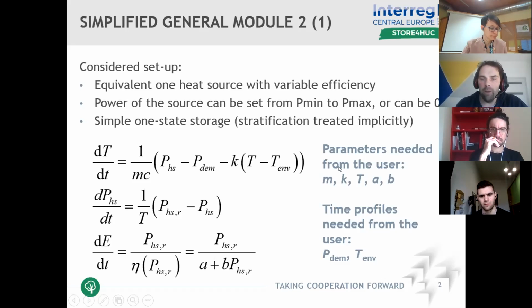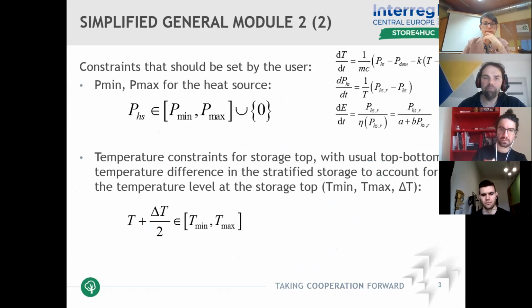So parameters need to be provided by the user, and the definition of the scenario. But of course, there is something else to be provided, namely that different sources actually have different minimum and maximum powers when they are switched on.